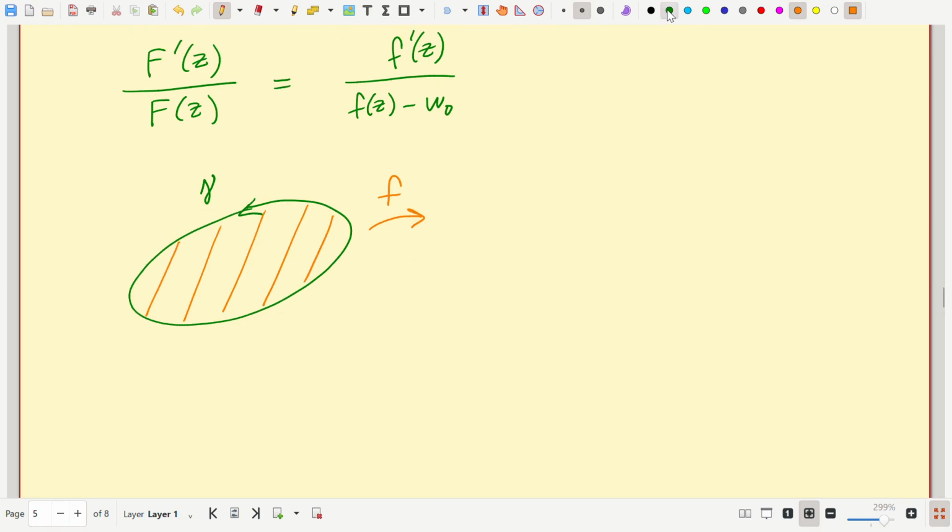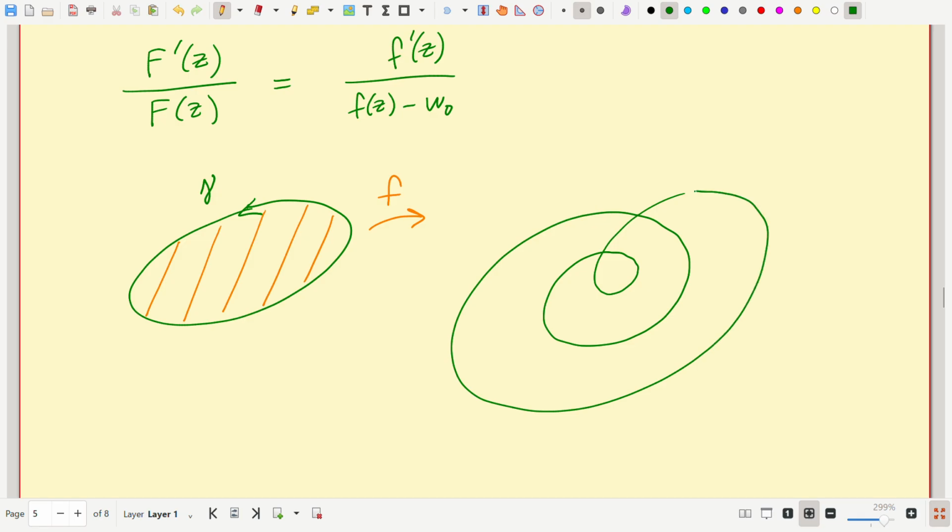I'm going to draw it, I'll make it go 1, 2, I have the same kind of thing here. This is my f of gamma. Okay, the f is going to hit this stuff.